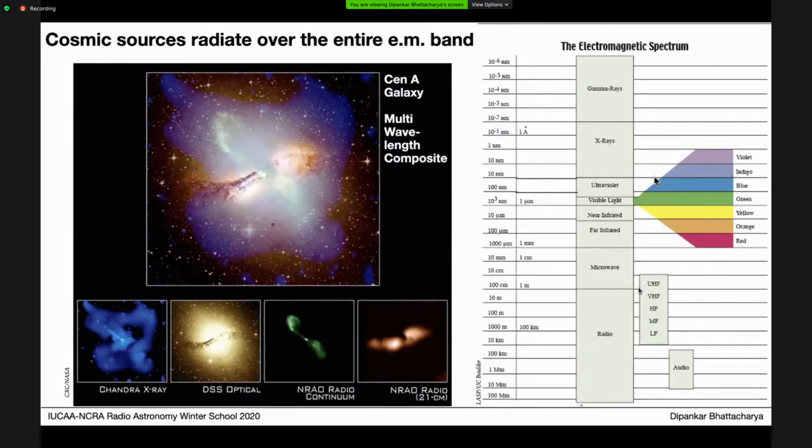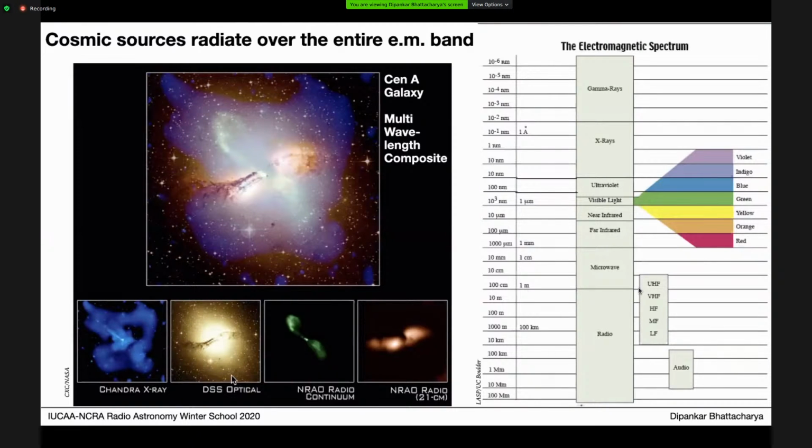So multi-wavelength study of objects has now become a standard practice in astronomy. What I've shown here on the left is a picture of a galaxy taken at multiple wavelengths. The top picture here is a composite of pictures taken at different wavelengths.